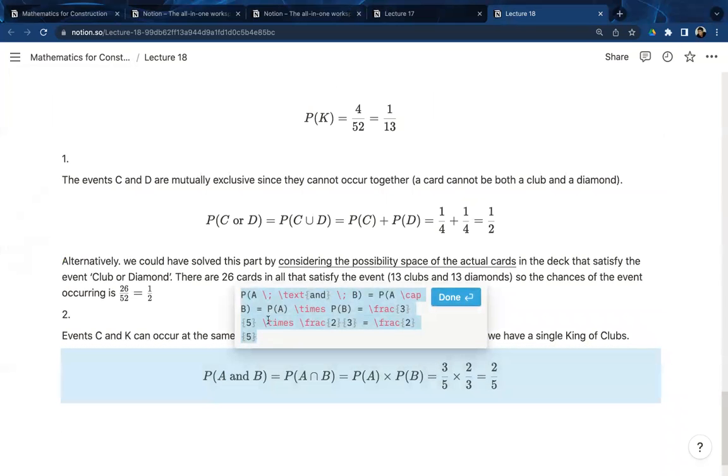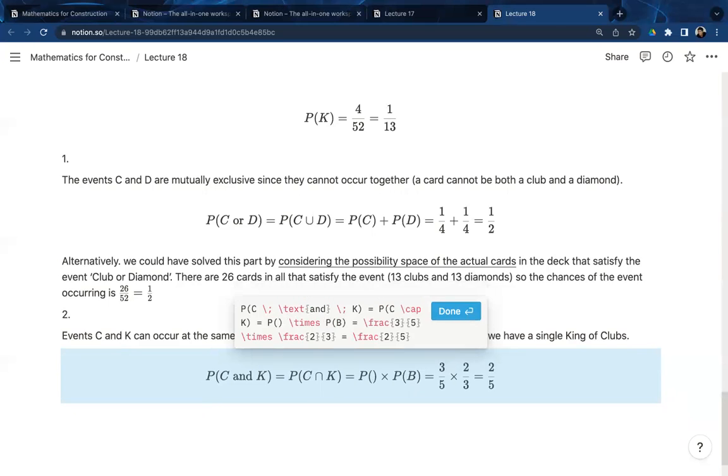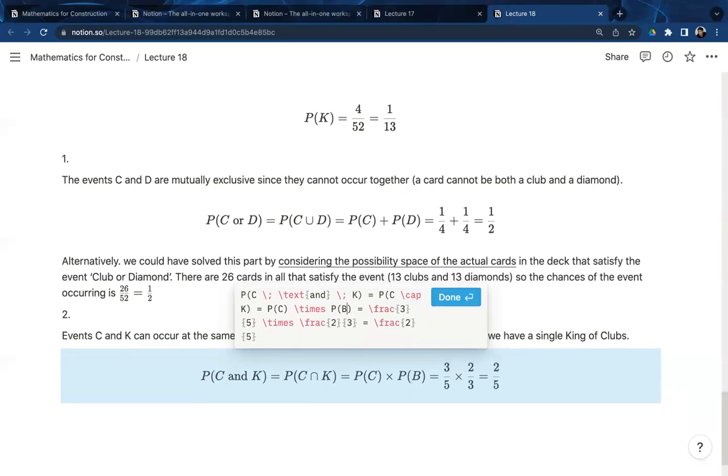I just change the letters C and K. What if you didn't know that it was 1/52? C and K is a club and a king. We multiply club by king. Probabilities, you multiply, right?